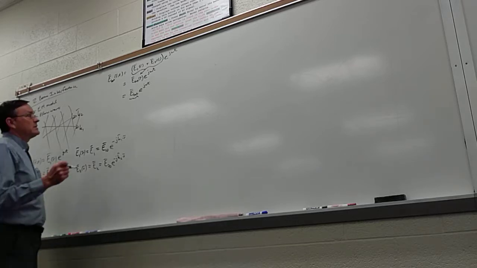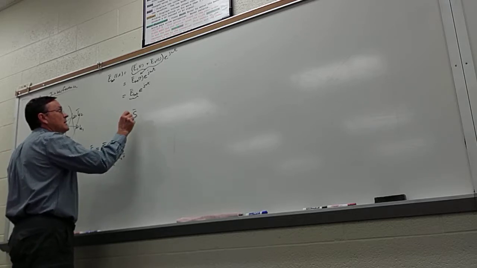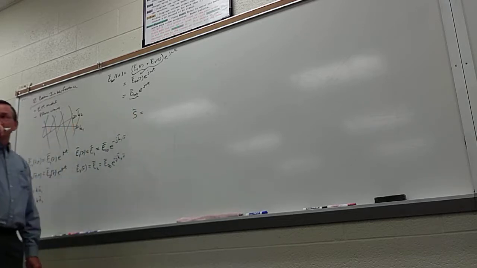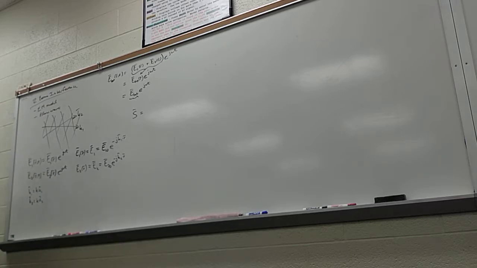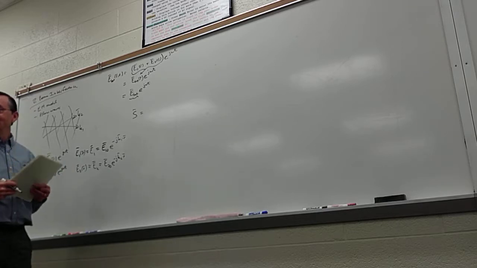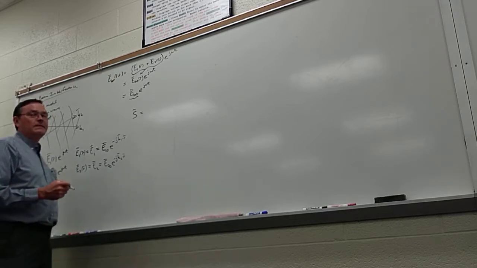We want to calculate the complex Poynting vector. And the complex Poynting vector is what? Is that all of it? Wasn't there another one, 1 over 2 eta of the magnitude squared?